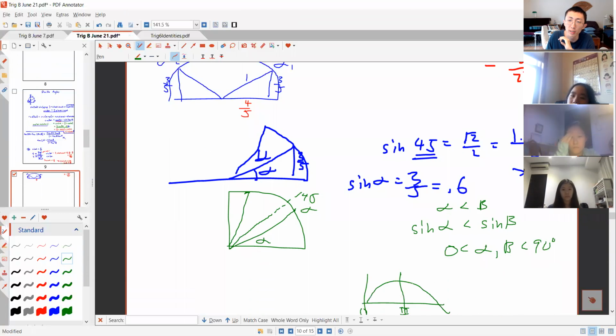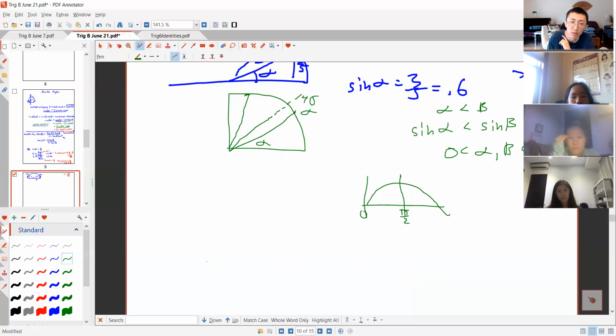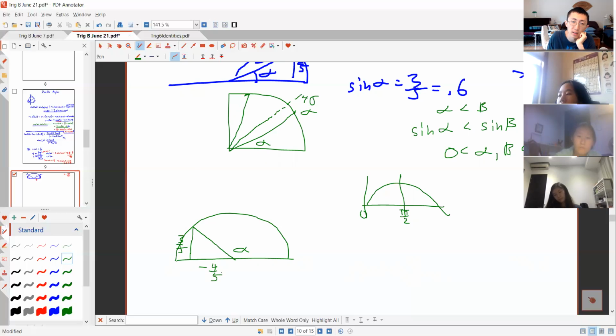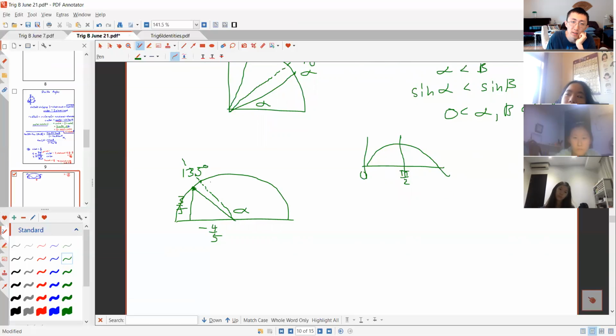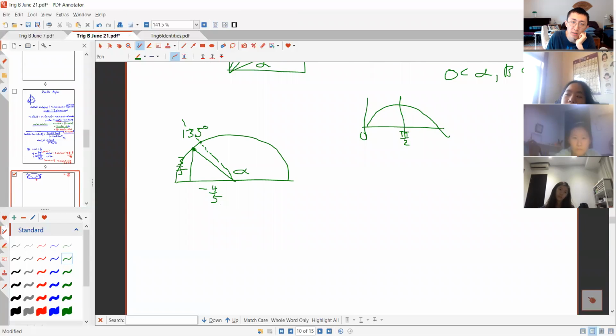Let's make sure the other one makes sense too. I like to just kind of visually see that these make a little bit of sense. So here's the other alpha. The sine is 3/5. The cosine is negative 4/5, the x-coordinate of that point. By the same reasoning, this is bigger than 135 degrees. So that's the 135-degree mark. If I double it, it'll be bigger than 270 degrees.